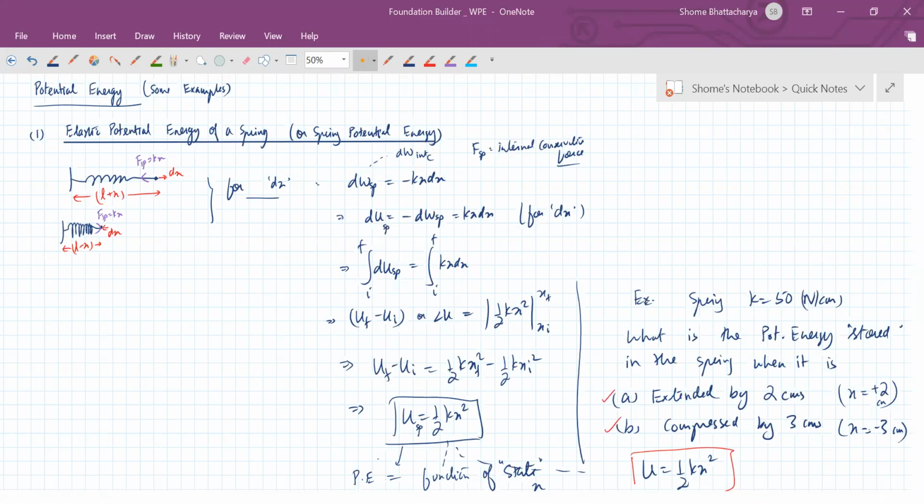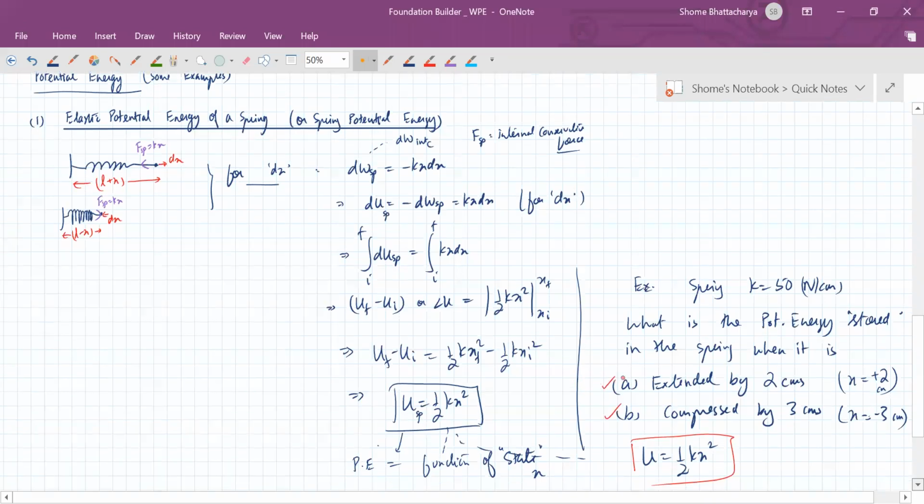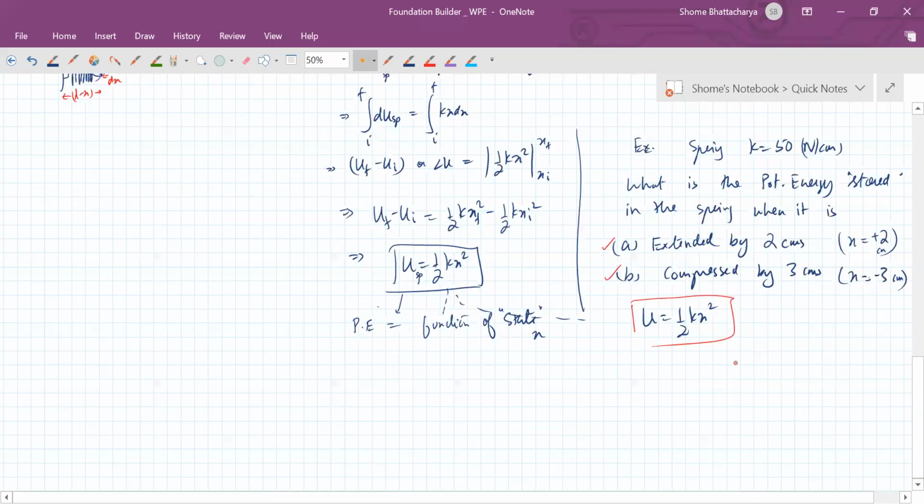Okay, let me check your answers. So in this question, in the first part you can see that we'll take x as plus 2 centimeters and the spring constant is given as 50 Newton per centimeter. So we directly substitute the potential energy as half kx square.